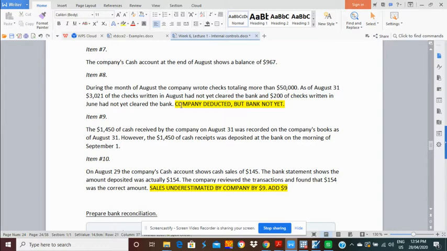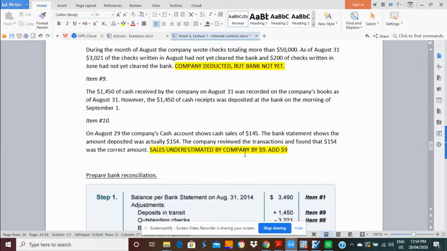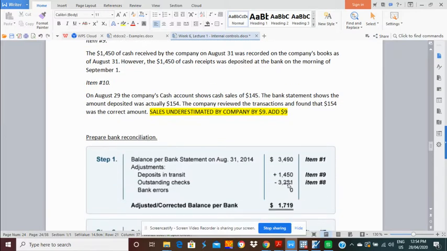So the company deducted the payment, because writing the checks means that the company is making the payment. So the company has deducted that money, treated it as an expense, but the bank has not done it yet. So therefore, the bank balance needs to be reduced by this amount of 3,221.